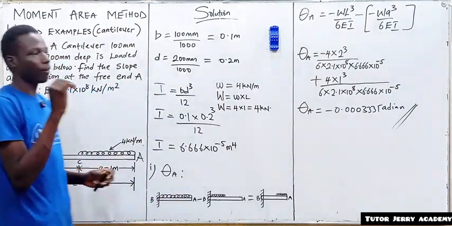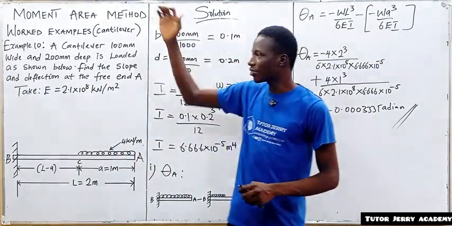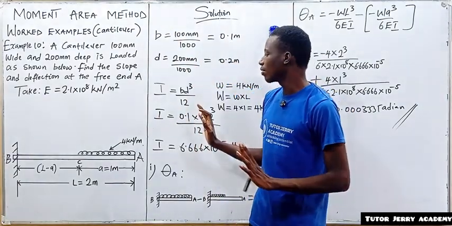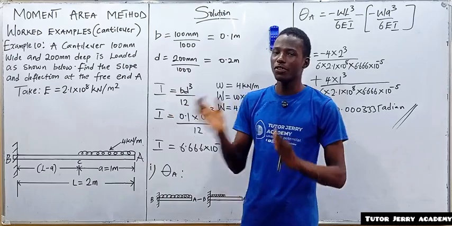You have to ensure you follow our videos serially, from the double integration method down to this one, to get a proper understanding of everything. We just made use of the formula. There was no proving; we have proved it in our previous lessons.